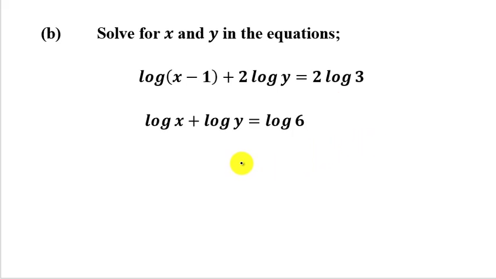Okay, so if you look at this side, we have two terms there. We can combine them to get one term there.